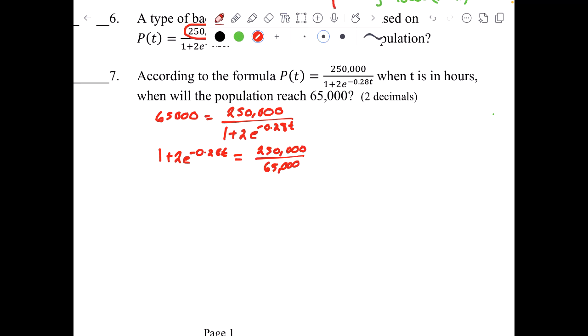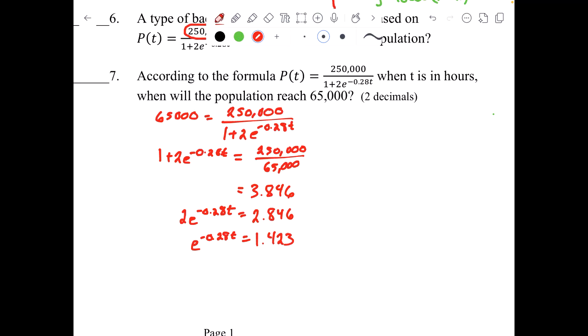Now if I take 250,000 and I divide by 65,000, that gives me a value of 3.846. If I subtract 1 from both sides, that's going to give me 2e to the negative 0.28t power equal to 2.846. Dividing both sides by 2 gives me e to the negative 0.28t power equal to 1.423.